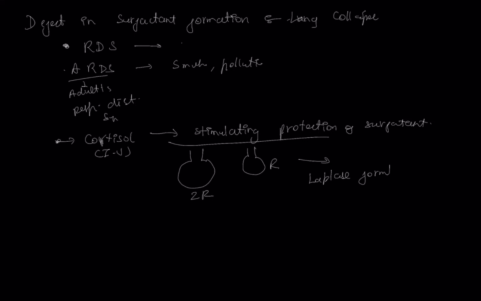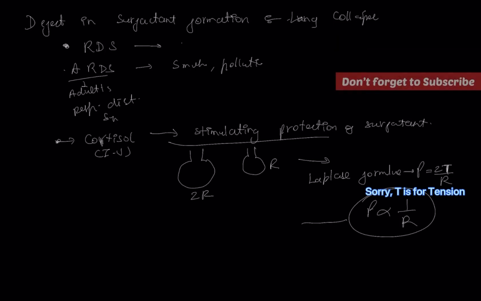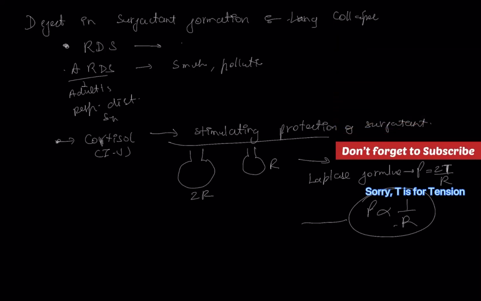The Laplace formula is P equals 2T by R, and the temperature is the same and the 2 is also the same, so P is inversely proportional to radius R. The smaller the radius, the higher the pressure.